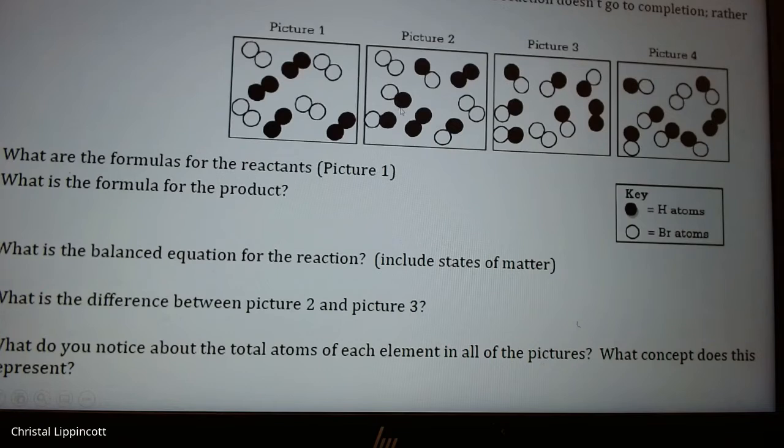What is the difference between pictures 2 and 3? And then what do you notice about the total atoms of the elements in all the pictures? What concept does that represent? So see if you can spend a minute doing that.